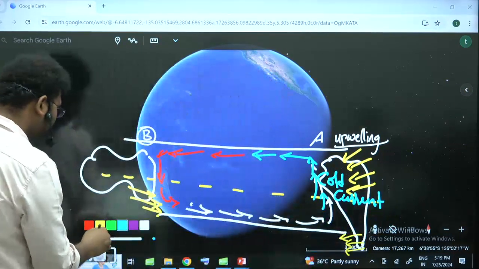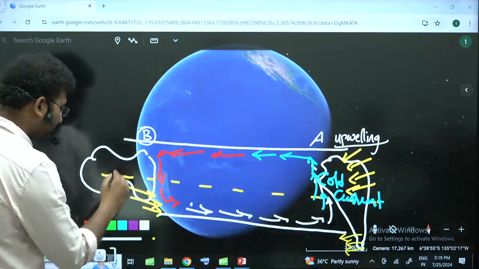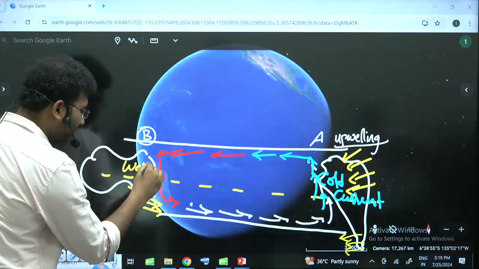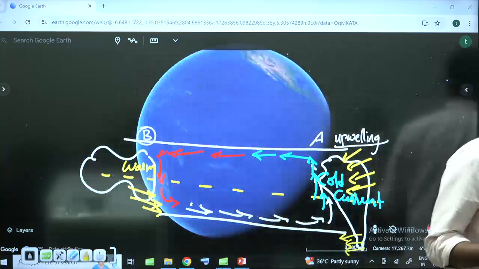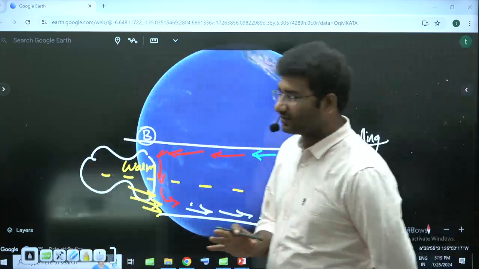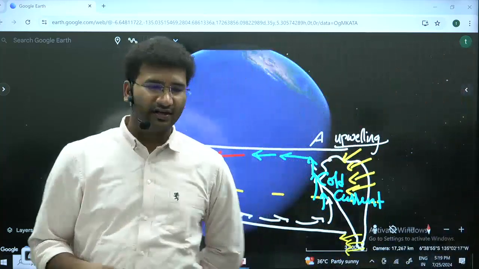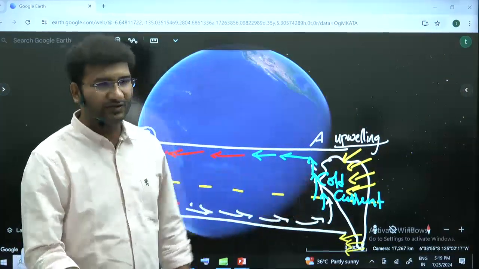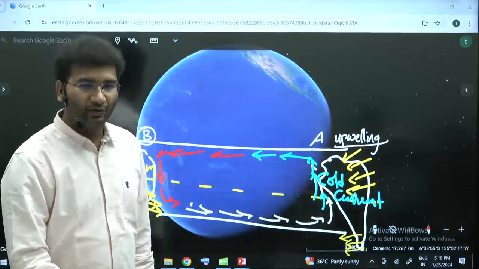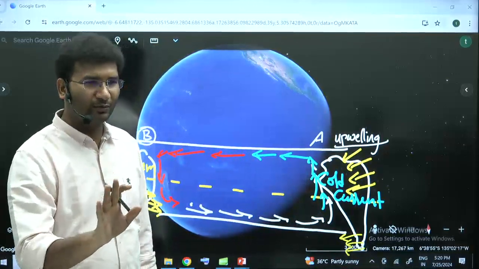Now what kind of water should be there in the Australia? Warm current. Now this is a normal circulation. Now there are names that are given to these circulations. What is the name of this current which is on the western? It is called as Peruvian current or Humboldt current, both are same.